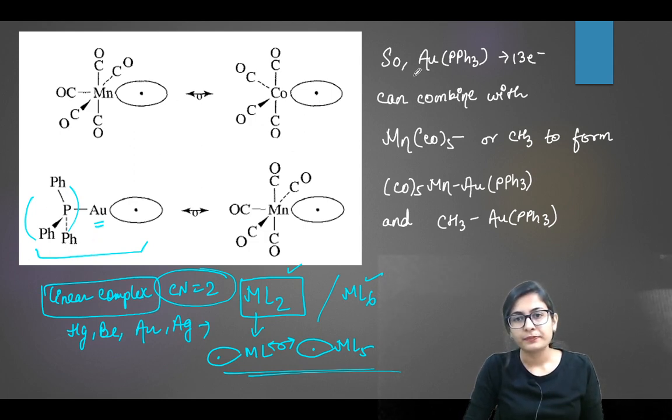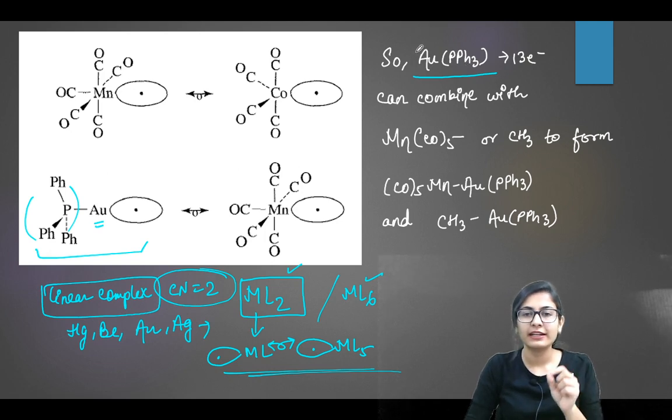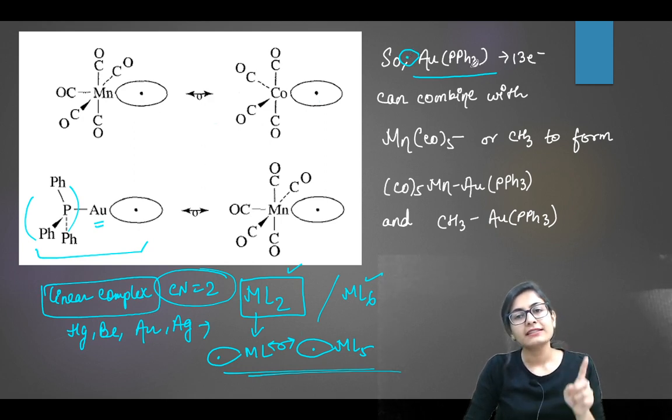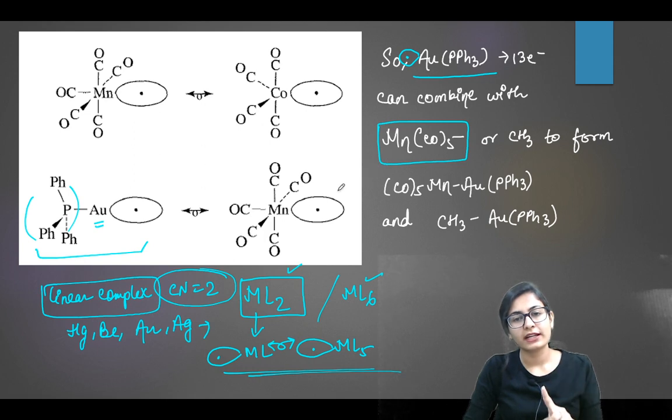Okay, so only when there is a phosphine ligand and it is just one ligand, ML2 type complex, one ligand short, you are just going to have an empty orbital, basically an orbital with one electron, and this is going to be isolobal with manganese pentacarbonyl, alright, like this, which again brings forth only one orbital for interaction.